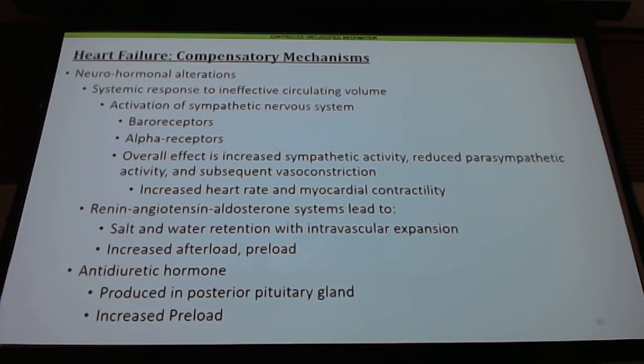Now, when we look at the neurohormonal axis, this is where a lot of our problems start. Because most of the neurohormonal responses, compensatory changes, actually lead to furthering the problem of heart failure. Okay? So how is the neurohormonal system activated?